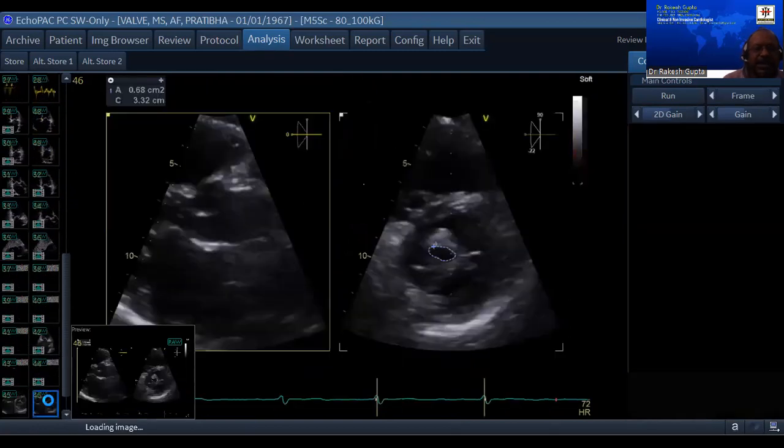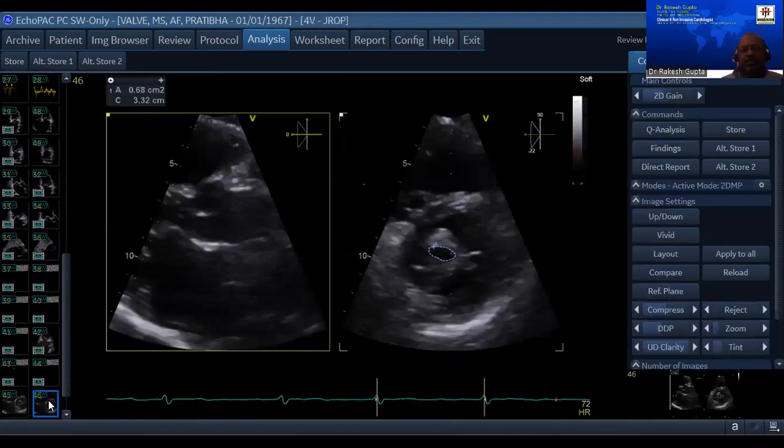If this area is less than 1 centimeter square, we call it very severe. If it's between 1 to 1.5, we call it severe. And more than 1.5, we call it progressive mitral stenosis, right? So the most important part in mitral stenosis, remember, is planimetry as well as the gradients.